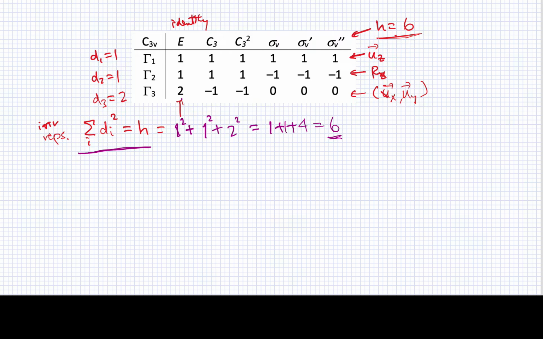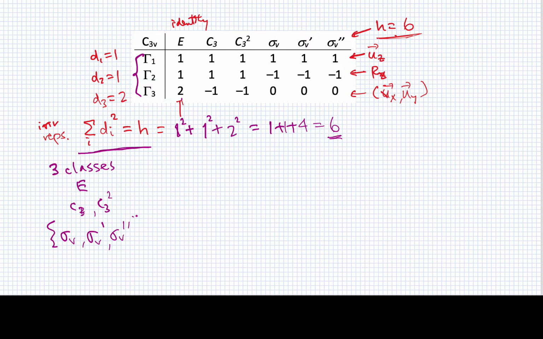Now, another thing that is useful to see here is that there are 3 irreducible representations, and that, it turns out, is equal to the number of classes. So we have 3 classes. Okay, those 3 classes are the identity operator, the C3 and C3 squared operators, and the 3 sigma V operators.